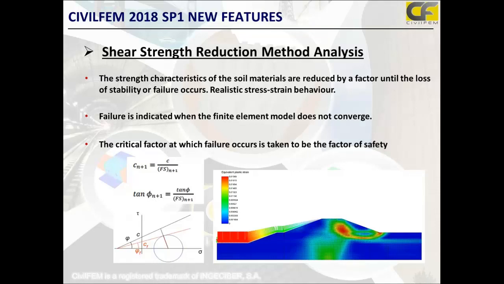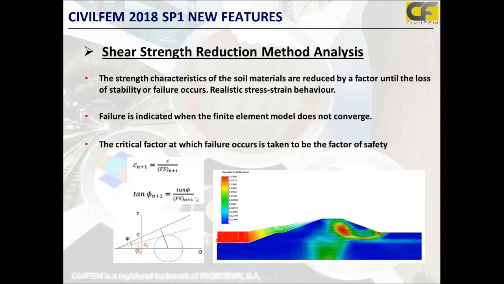If you have seen our previous webinars regarding slope stability, you will remember that this cohesion and friction angle were divided by a safety factor, and we solved the analysis until the collapse of our slope, until the failure.